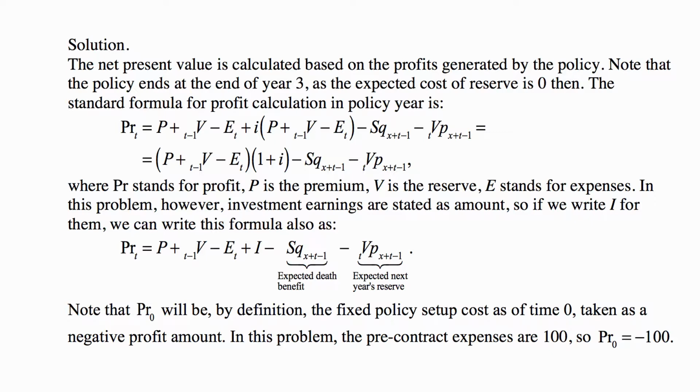Note also that PR0, profit at time 0, will be by definition the fixed policy setup cost as of time 0, taken as a negative profit amount. In this problem, the pre-contract expenses are 100, so profit at time 0 is negative 100.